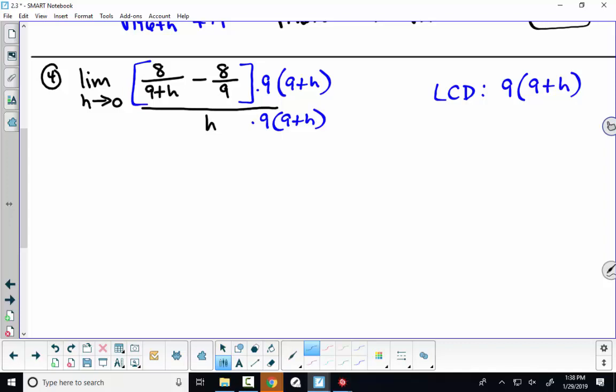What does our numerator turn into? Negative h. Just negative h, right? Negative 8h. Yeah, negative 8h. But what we're doing is distributing the 9 times 9 plus h to both of these. So let me just write it out.